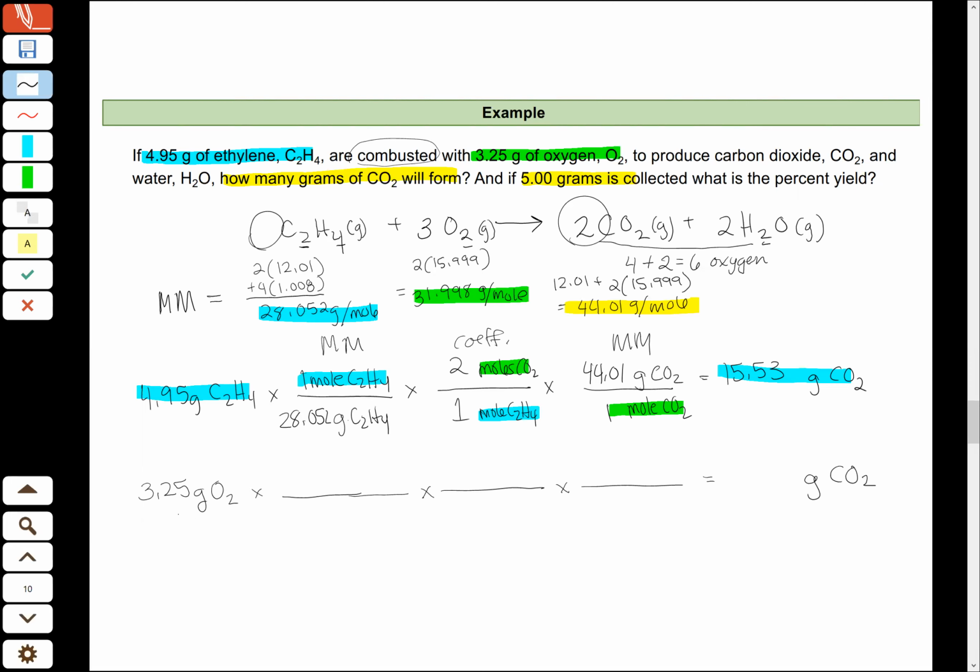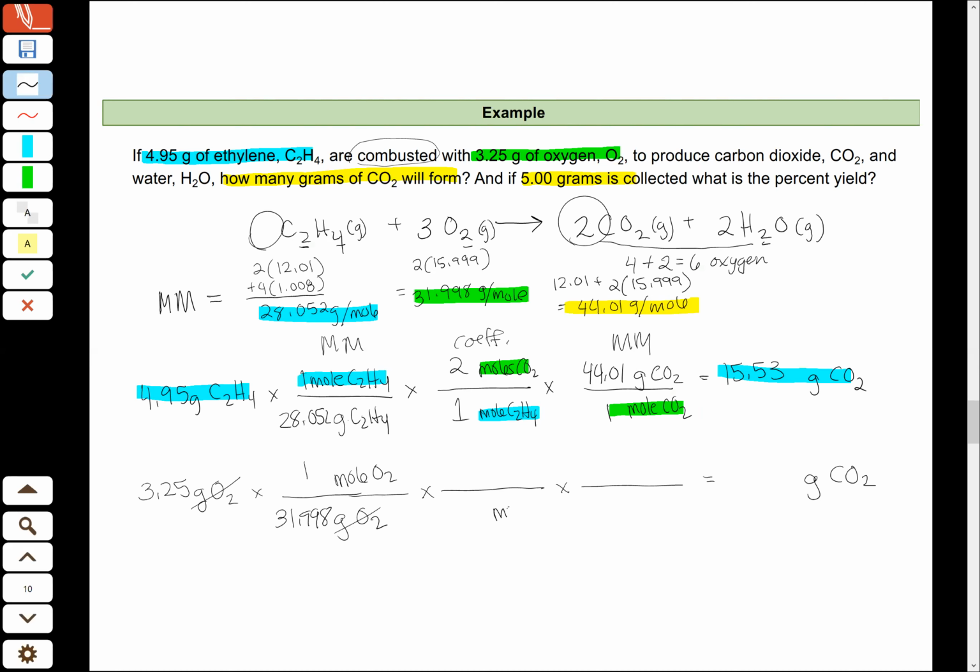So the first thing I'll do is set up my first conversion factor using the molar mass of oxygen. I'll have moles of O2 on top and grams of O2 on the bottom, so my grams of O2 cancel here, like that. So in 1 mole of oxygen, I have 31.998 grams.